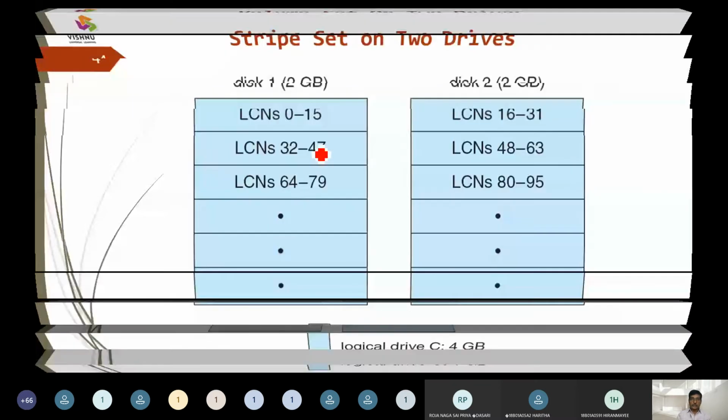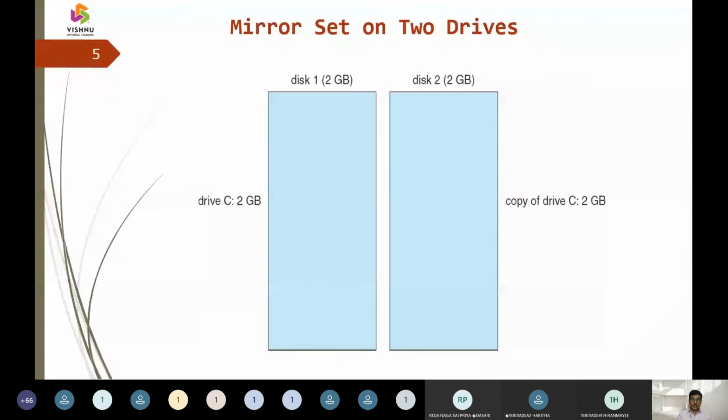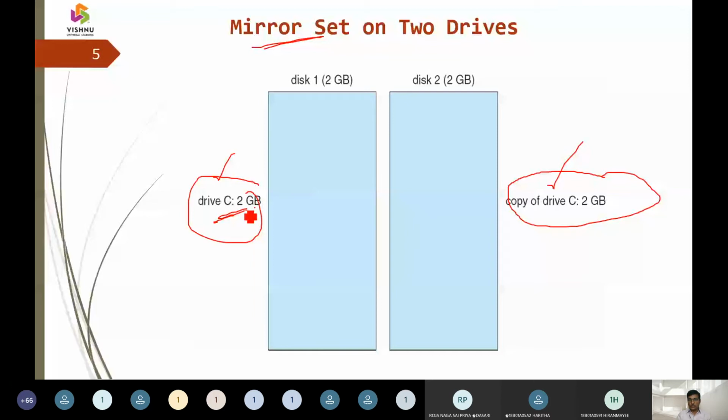Similarly, we have logical disk drive 0 to 15 implementation, and the same virtual copy is in 16 to 31. In this way some migration takes place across the disks. This is the second setup, which we call a mirror setup. I have this C drive of 2 GB, and a copy of the 2 GB is taken up. So we have a disk drive of 2 GB and the same set in another set. We assume it as a mirror. The same set of data is reproduced again.